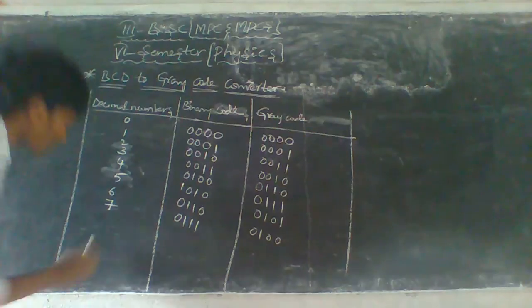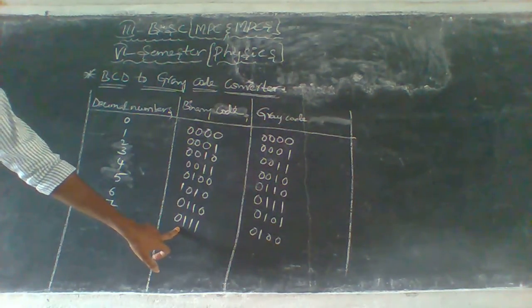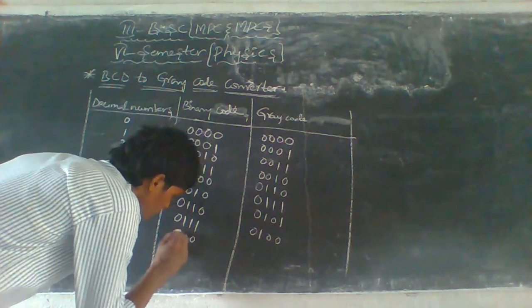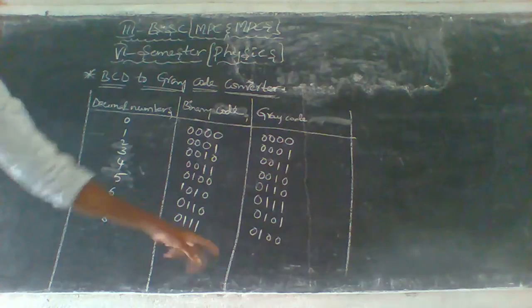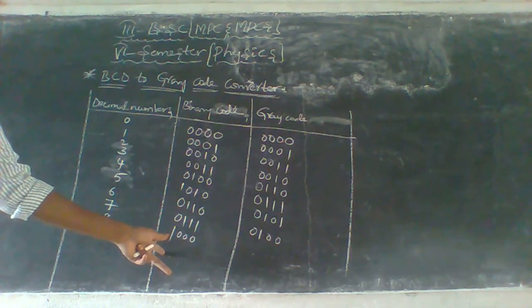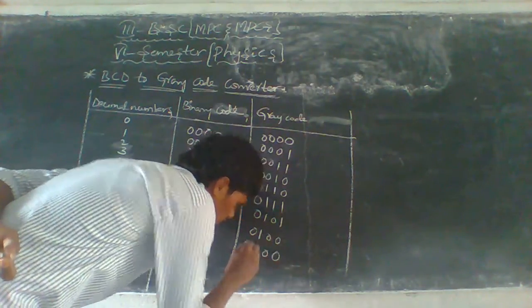Decimal number 8, the binary code is 0001 and the Gray code is 0011.